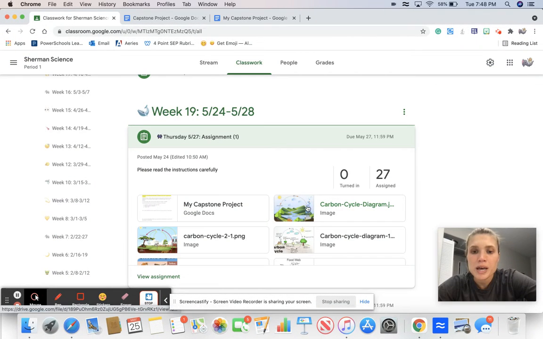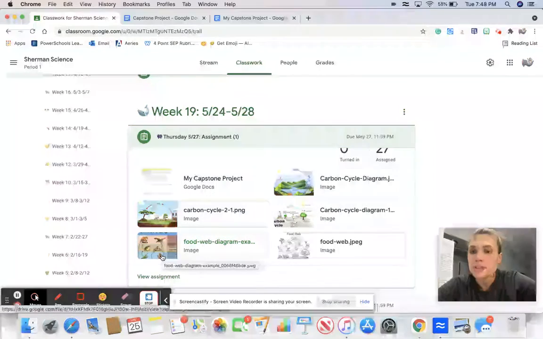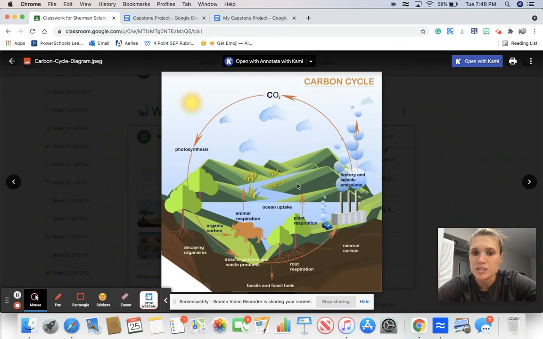Depending on what your ecosystem is, remember that this is definitely dependent. If you have a forest, it might look something like this. However, if you have an ocean ecosystem, it's going to be a little bit different. The carbon cycle within the ocean is a little different than on land, but it's still generally the same idea. Here is an example of what it would look like in the ocean.